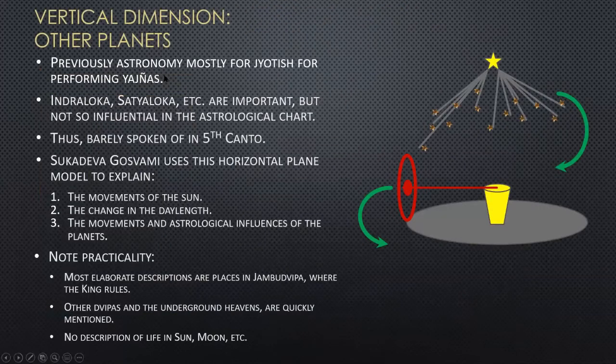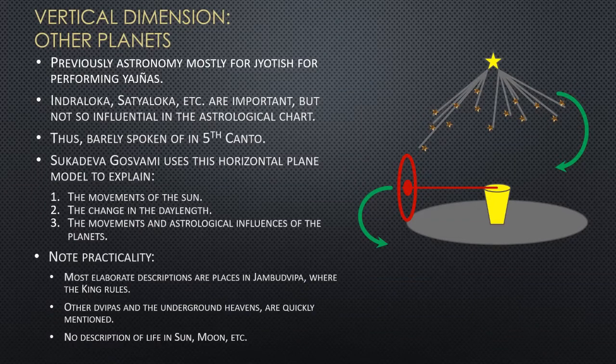As I said previously, astronomy was mostly used for astrology, for Jyotish, for performing yagyas, and to know what is the most auspicious time for something. Indraloka, Satyaloka, etc. are all important places in the universe, but they're not so influential in somebody's astrological chart.